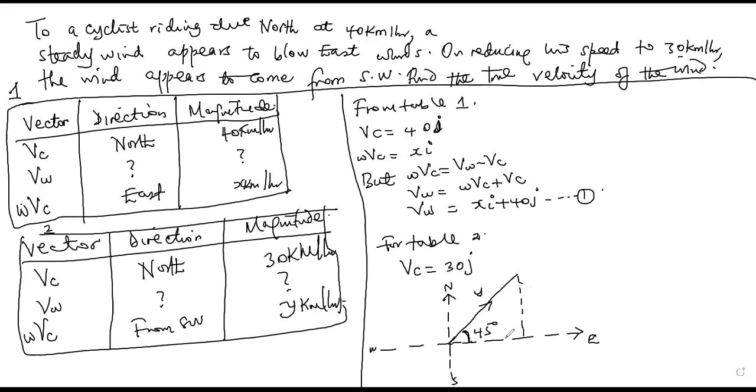So we shall have the components, meaning that here, being the adjacent, we shall have y cos 45 degrees, and there we shall have y sin 45 degrees. So this is for the case of wind relative to the cyclist. Velocity of wind relative to the cyclist will be equal to, we begin with the i component, that is y cos 45 i, plus the j component, that is y sin 45 j.